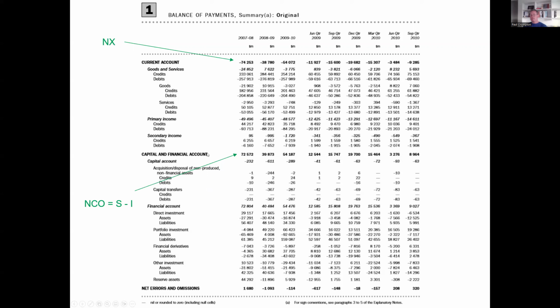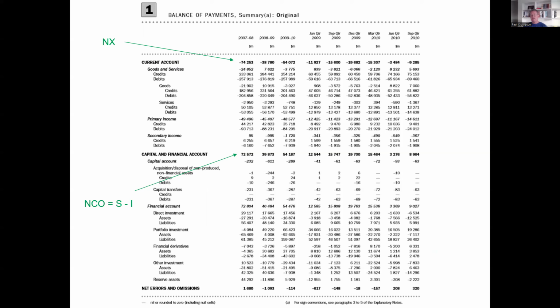So looking at these numbers, which is actual data for Australia, yeah, the data is about 10 years old, that doesn't matter. Looking at actual data, we can see that S minus I, 54 billion, does actually equal net exports, 54 billion. So according to this data, S minus I does actually equal NX.